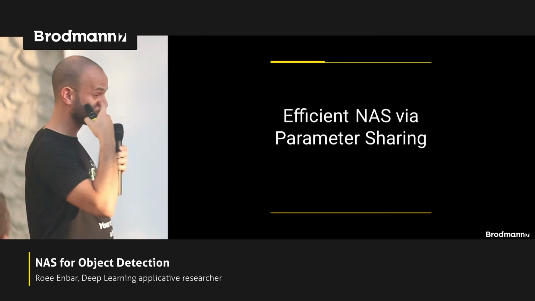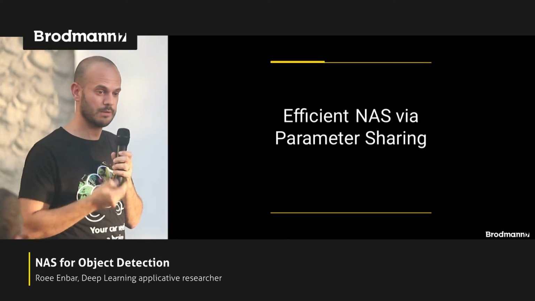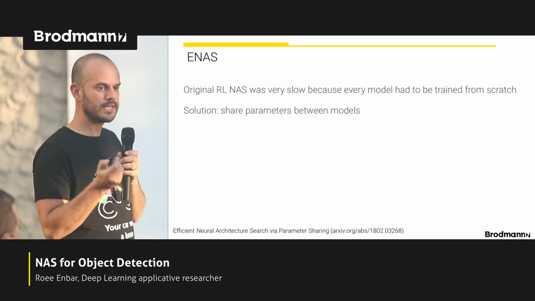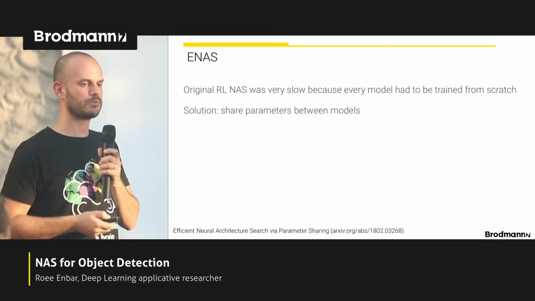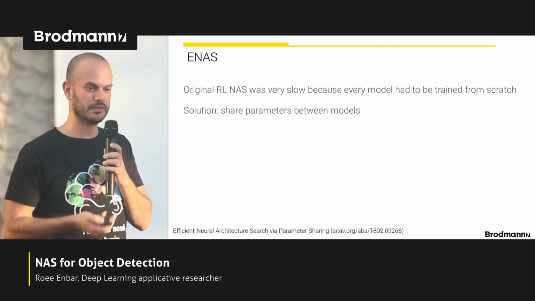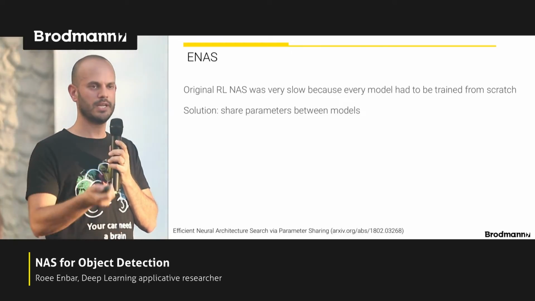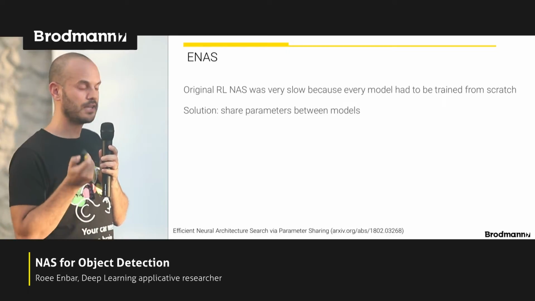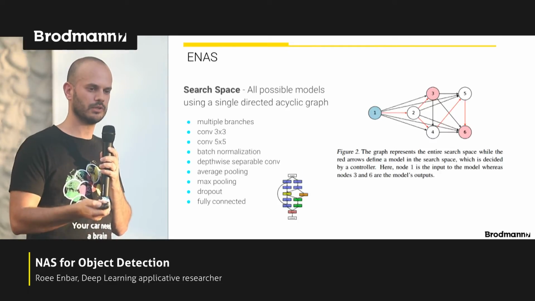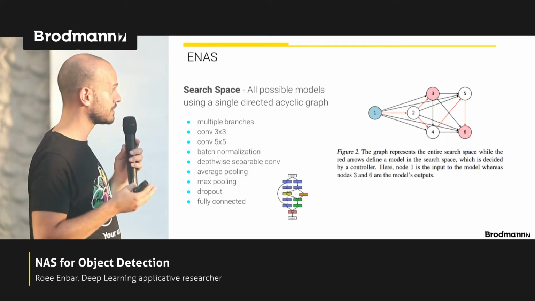So let's talk about efficient NAS for image classification. They say the original reinforcement learning NAS was very, very slow, for all the reasons I've mentioned: you have to train each model from scratch. And their solution was to share parameters between the models. How do they do that?